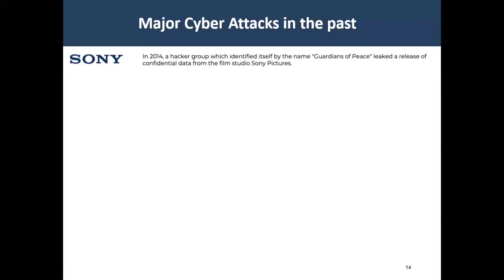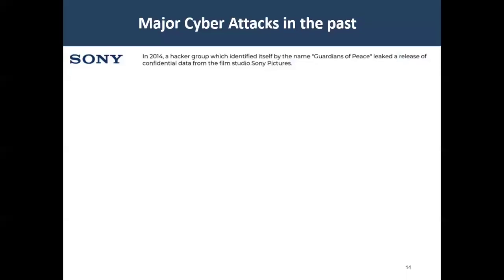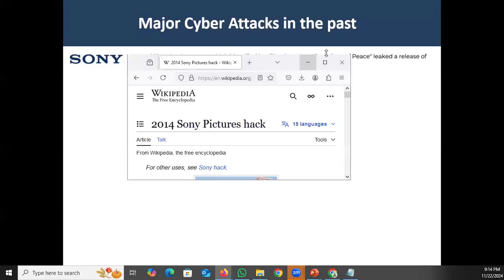This use case helps you understand how this happens. Sony Pictures faced an attack, but nobody was there to detect it, why it happened, where it happened from, or what to do about it. It was not only one organization; several organizations faced these types of challenges.